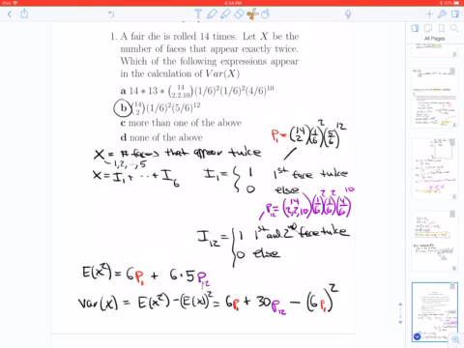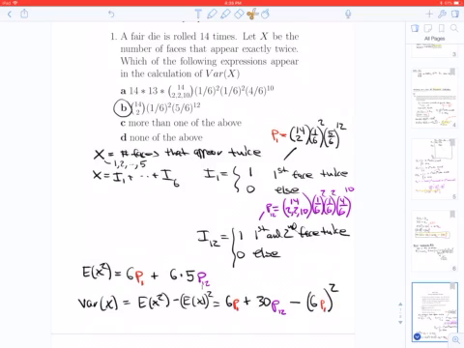It's worth just mentioning again that X is a sum of 6 indicators, not 14 indicators here, because just think about how you would write X as a sum of 14 indicators.